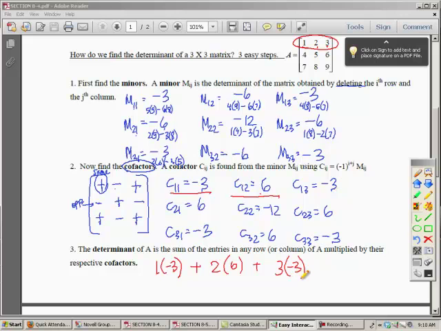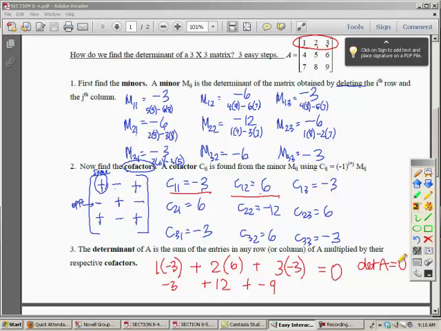And this is going to tell me my determinant. So as I looked, I have -3 plus 12 plus -9, and that ends up being 0. Okay, so the determinant of matrix A is 0.